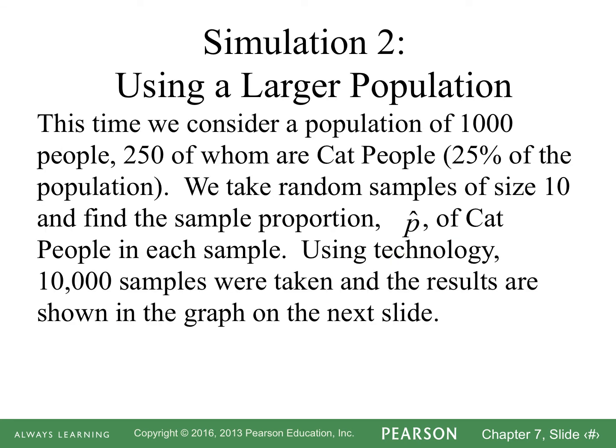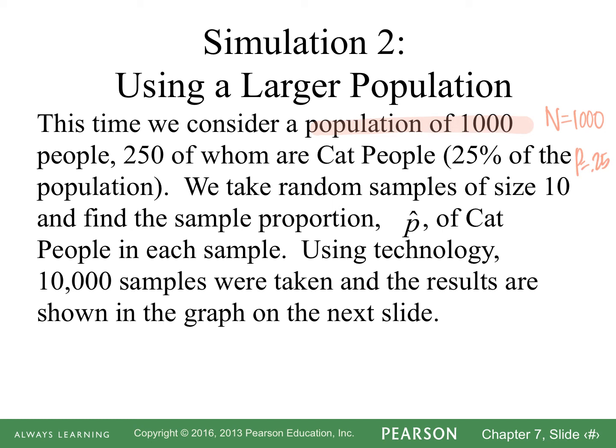All right, so here is simulation 2. We're going to use a larger population. This time our population is 1,000, compared to the first simulation, where it was 8, right? Of these 1,000, 250 are cat people, which still makes our population parameter 25%.